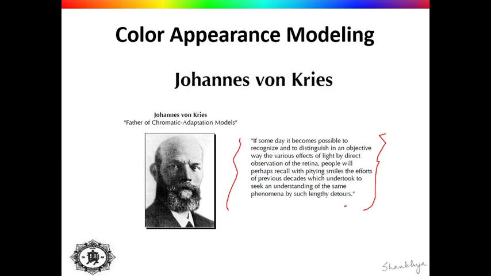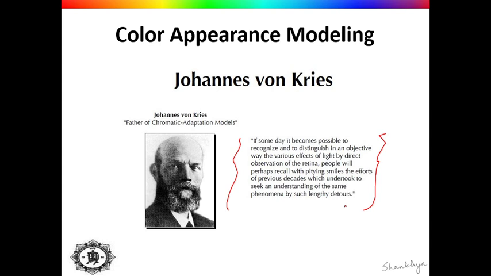It is only through various mathematical operations and various instrumental procedures that we actually try to model the appearance of color or simulate the appearance of color under different lighting conditions, under different chromatic conditions.